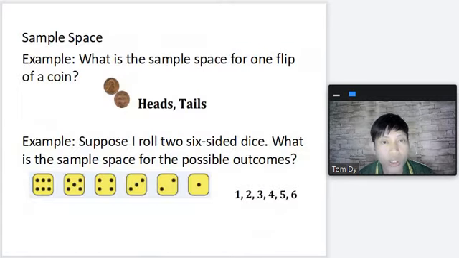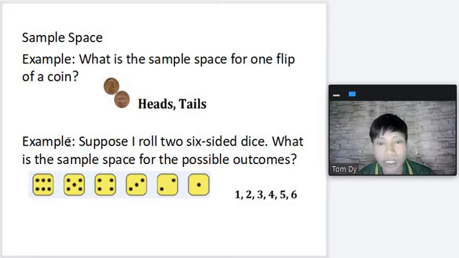Now we go to the sample space. Example: what is the sample space for one flip of a coin? If you observe, when you flip a coin, you will observe heads and tails. So these are an example of a sample space.